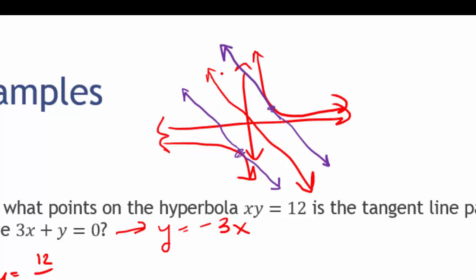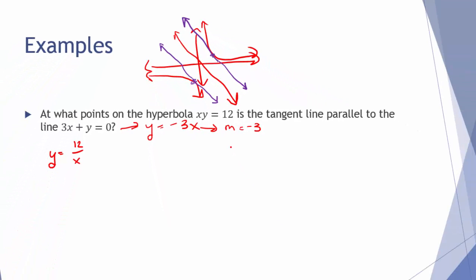Okay, so if these two tangent lines are going to be parallel to the red line, what do we know about the slopes of parallel lines? They have to be the same. So I need the slope of my tangent line to be the same as the slope of this red line. Well, what is the slope of this red line? It's negative 3. So listen to what I just said. I need the slope of my tangent line to be the same as the slope of this line.